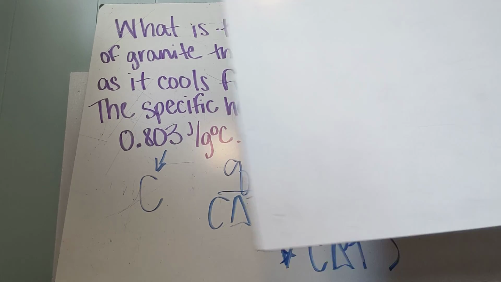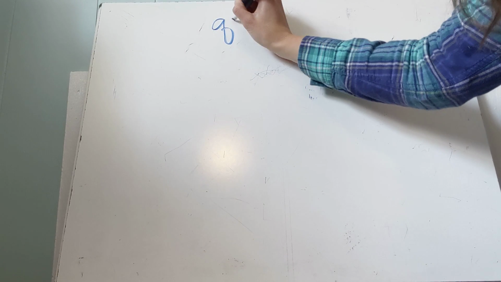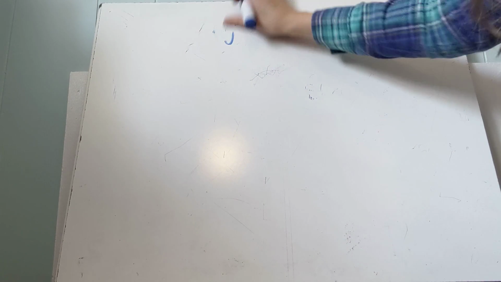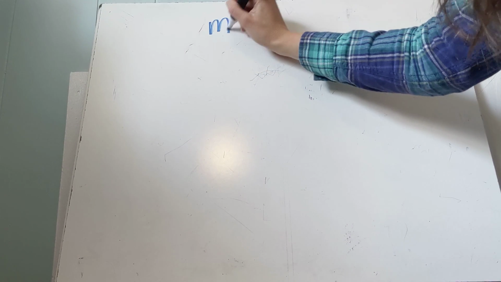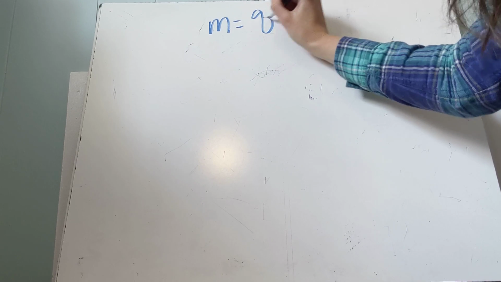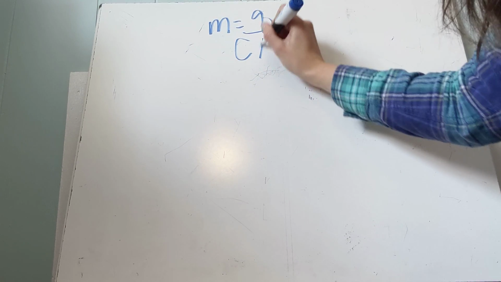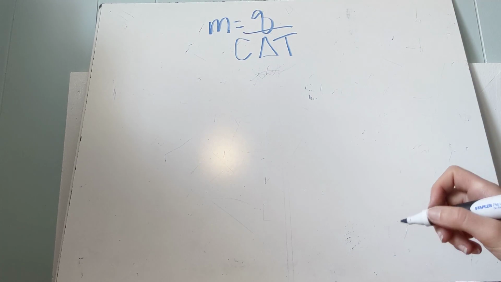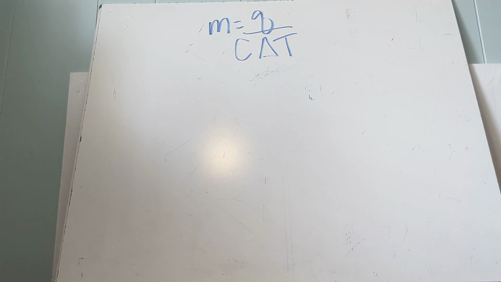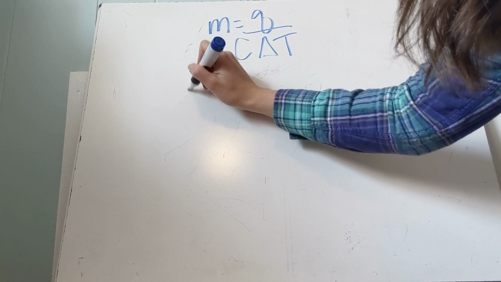All right. So we've got our formula. Not Q equals, M equals Q divided by C delta T. And then we can just plug in what we underlined.